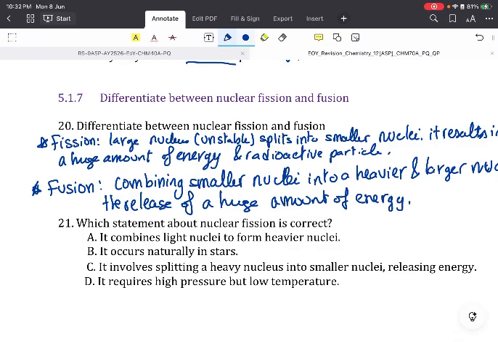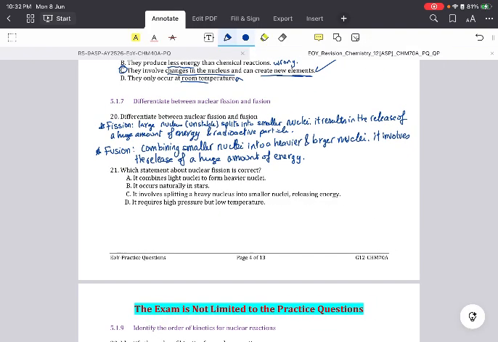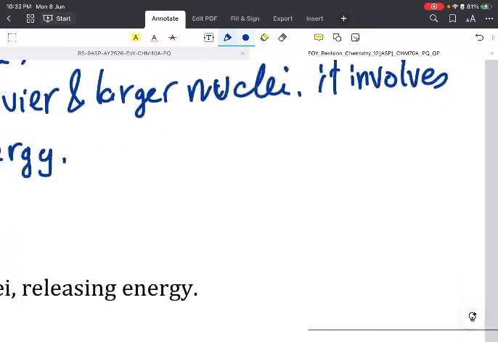I can give an example. I'm going to write it over here.